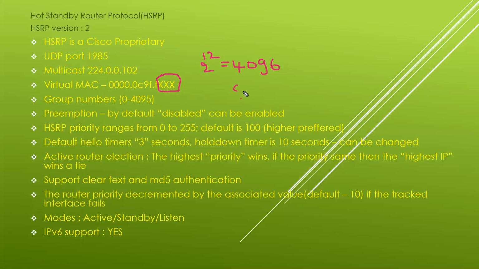That's the reason we have the range 0 to 4095, which I specified over here. I forgot this one, so I showed you. Let's move on.